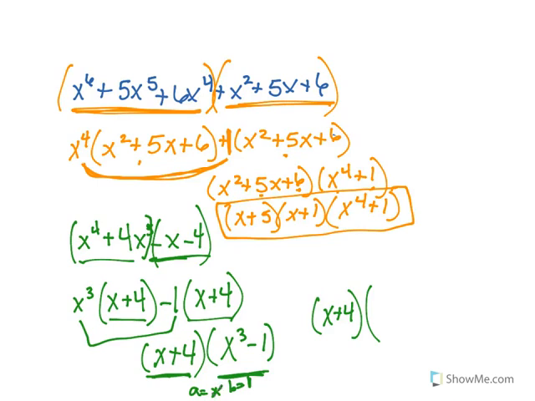So, x minus b. Then it's a squared, which is x squared. And then it's plus ab, so a times x times 1 is x, plus b squared, which is 1 squared.